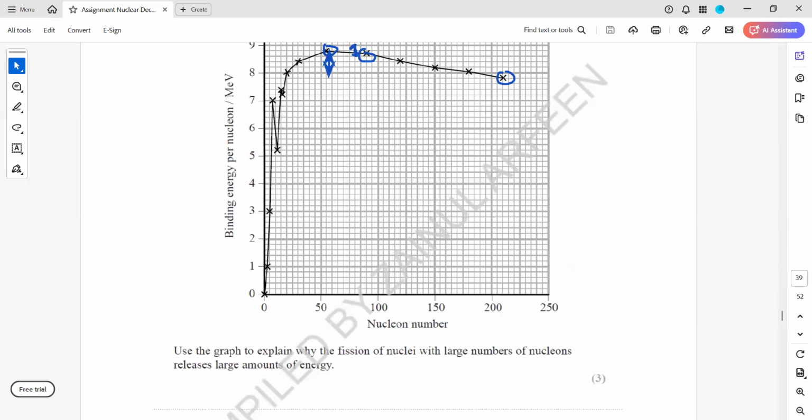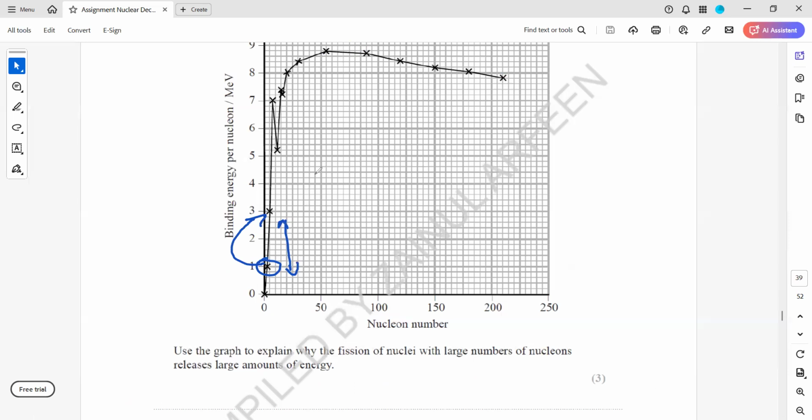Usually, why does fission release less energy and fusion release more energy? Because when one fusion happens, this is a difference. But when one fission happens, this converts into this, let's say. So this is a difference.